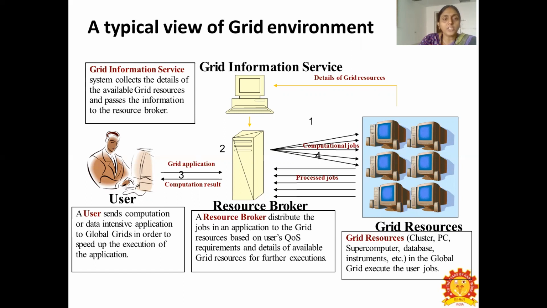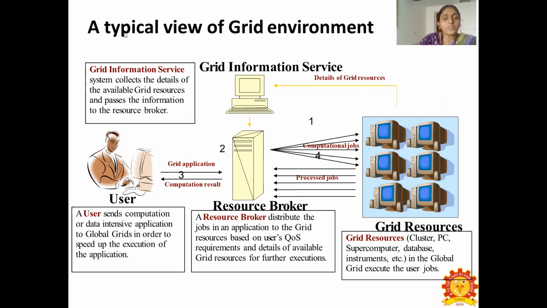This grid information service system collects the details of the available grid resources and passes the information to the resource broker. And the resource broker distributes the user jobs in an application to the grid resources based on the users' quality of service requirements and details of available grid resources for further execution.